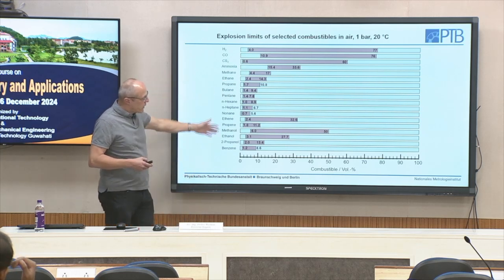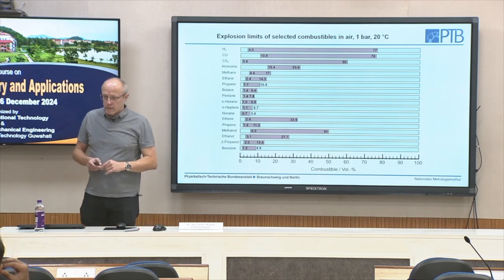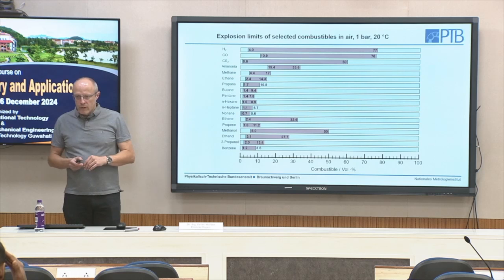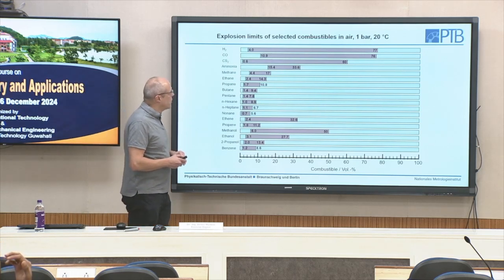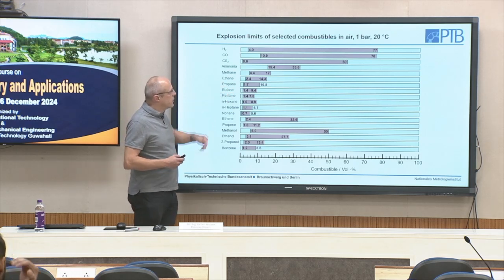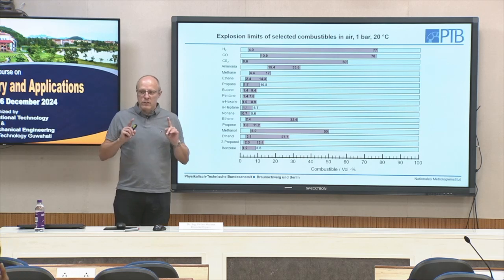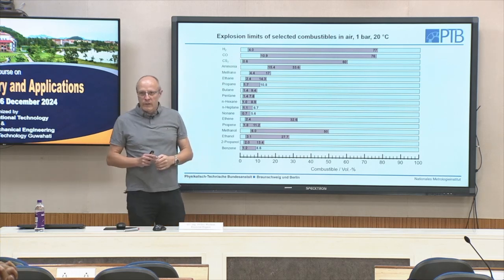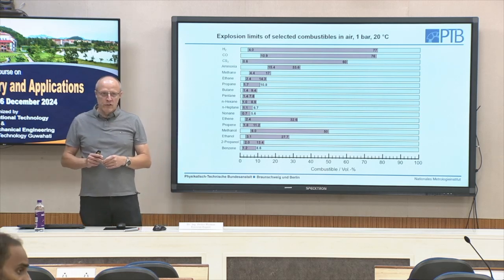But you can find these data tabulated in specific databases, and most often you do not have to measure them yourself. One of the safety concepts is normally to stay well below the lower flammability limit or lower explosion limit.